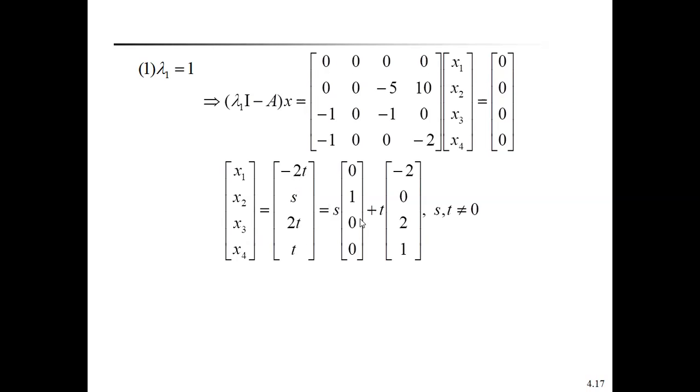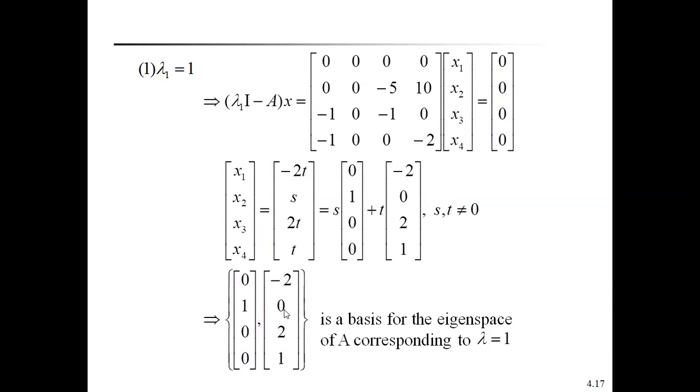Therefore, we get s into 0, 1, 0, 0 plus t into minus 2, 0, 2, 1. These two column vectors are the eigenvectors corresponding to lambda equal to 1. This space is called the eigenspace corresponding to lambda equal to 1. Therefore, it is a basis for the eigenspace of A corresponding to lambda equal to 1.